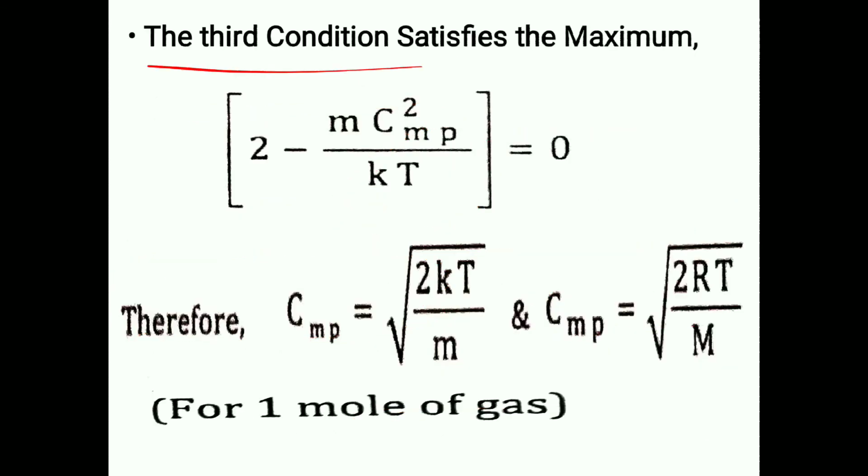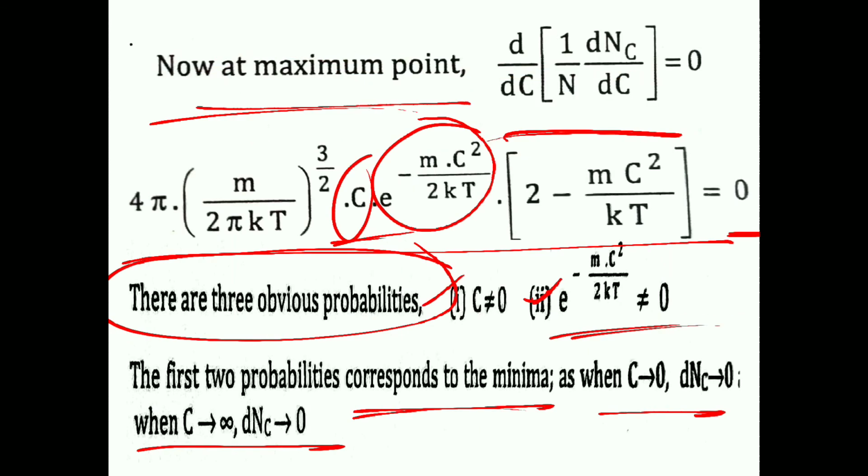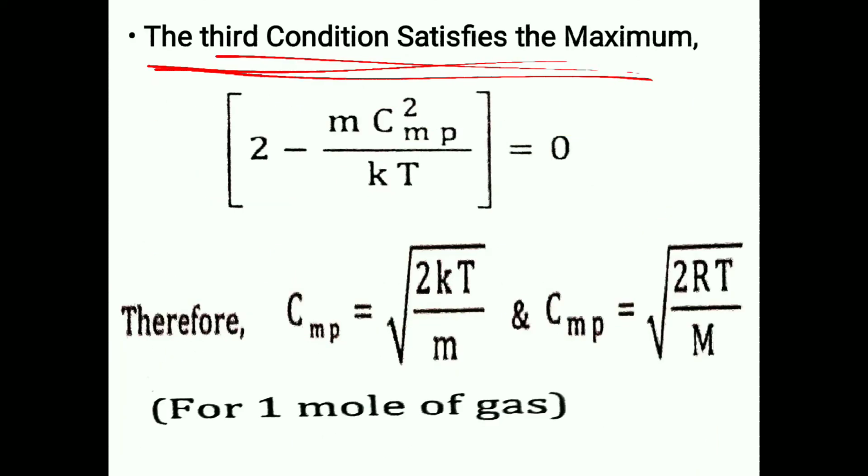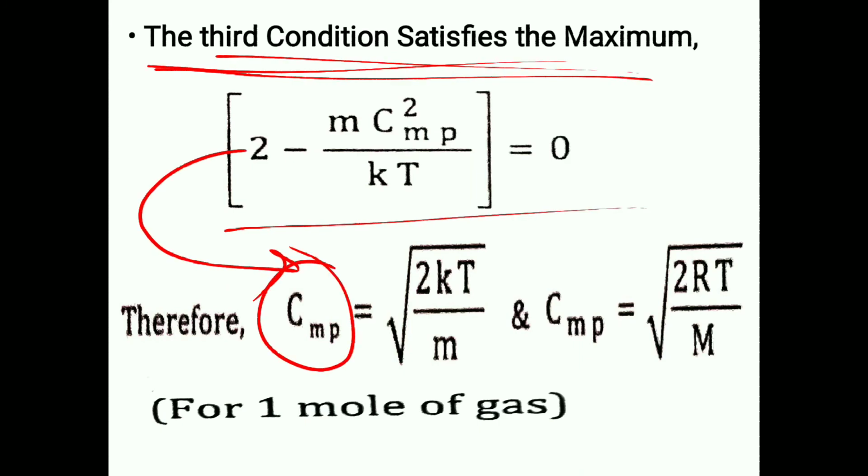So only the third condition satisfies the maxima. That means this particular value: 2 minus mc²_mp/kT equals 0.